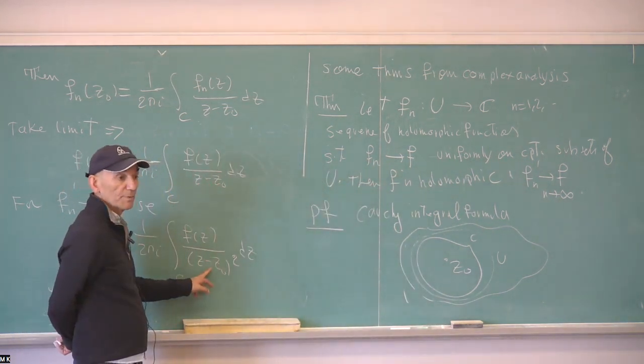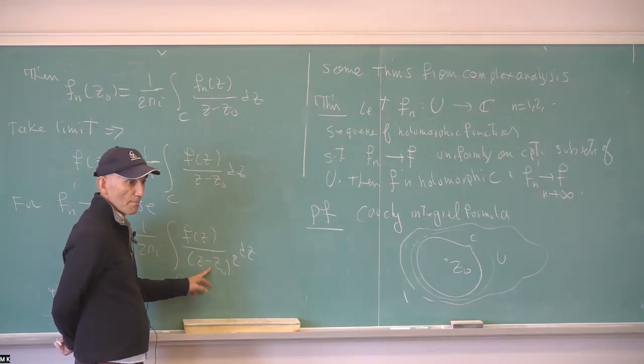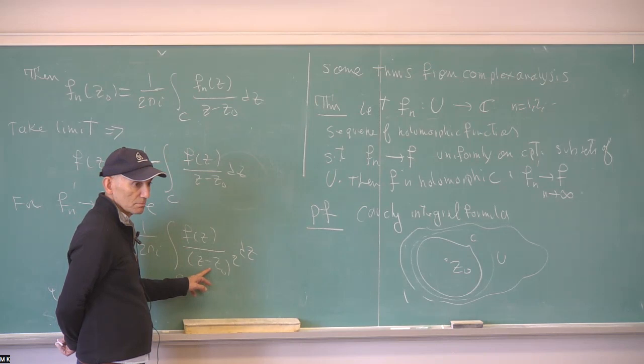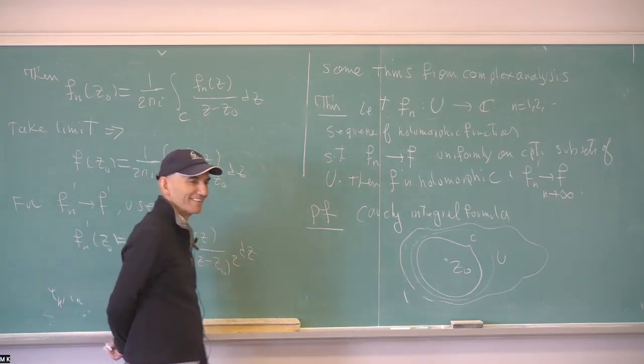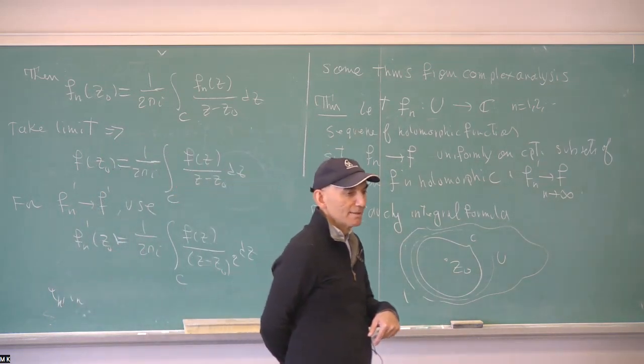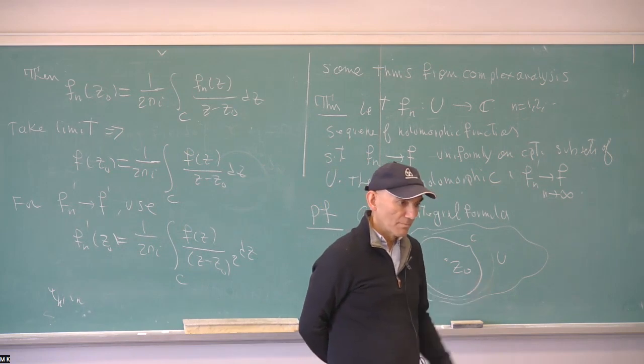I differentiate with respect to Z0. So what is that? That takes care of it. The derivative of minus 1 over Z is, yeah, that's what it is.